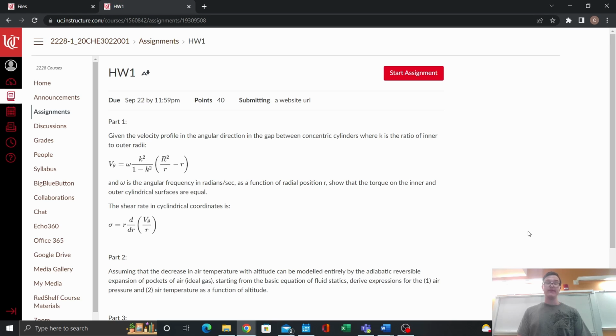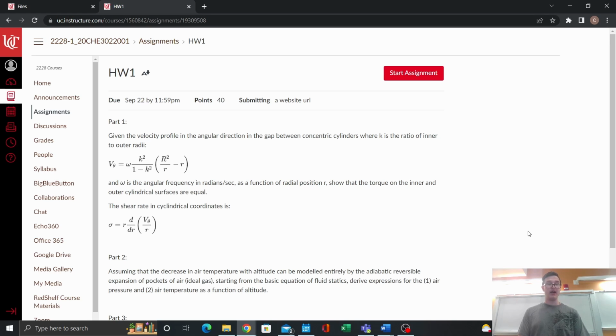This is the first video in the Homework 1 playlist, going over part 1, that says, given the velocity profile in the angular direction in the gap between concentric cylinders, where k is the ratio of inner to outer radii, then it's given us the angular direction equation.